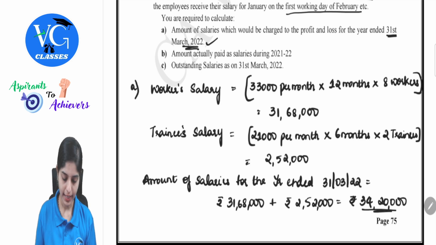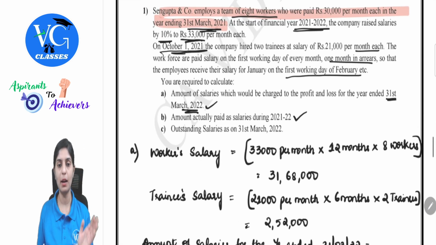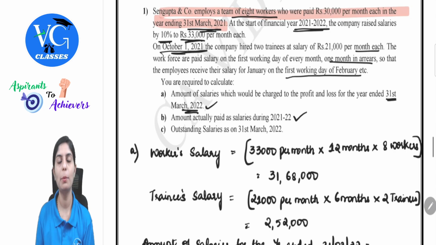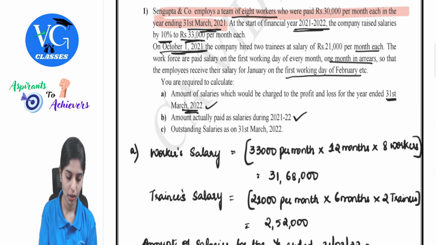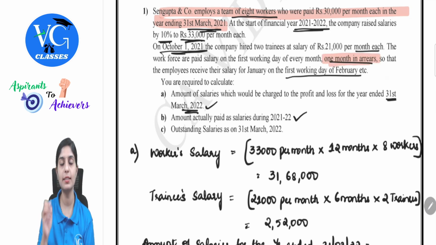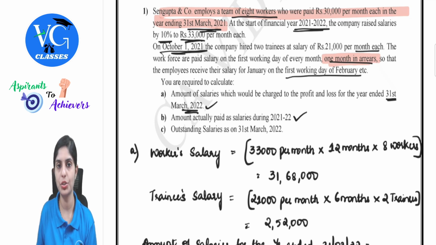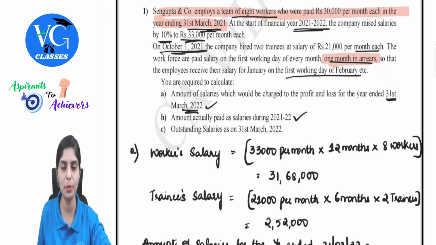Next. Second point they are asking is the amount actually paid as salaries during 21-22. Again, the current year amount actually paid. Now the point comes here. See here, the question clearly says that whatever salary they pay is 1 month in arrear. Correct? So we actually calculated what should have been the salary. The requirement of the next question is what is the actual amount which is to be paid.